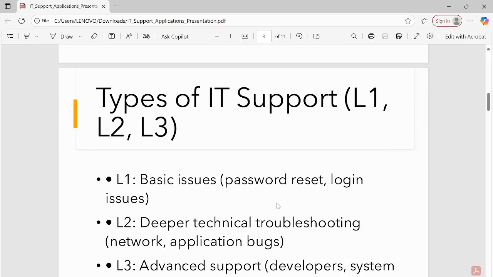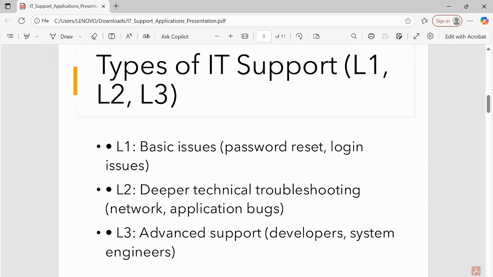In IT support there are different levels of support, like L1, L2 and L3. L1's responsibility is basic issues like password reset or login issues. Suppose users are not able to log in.